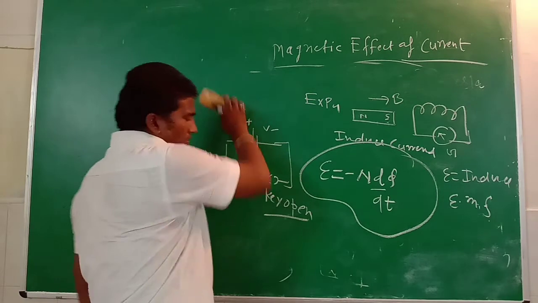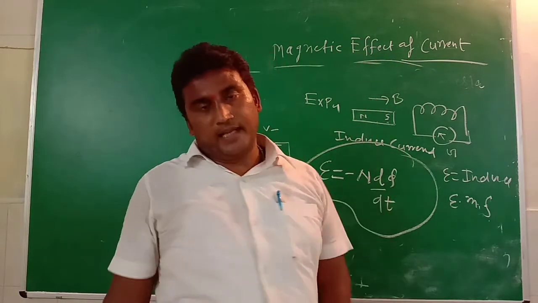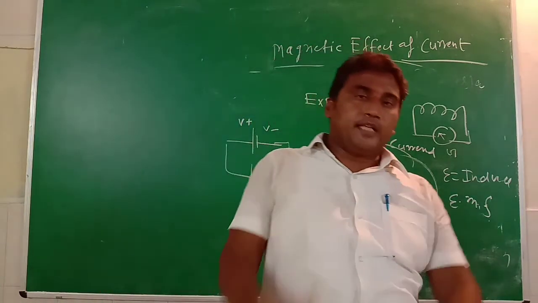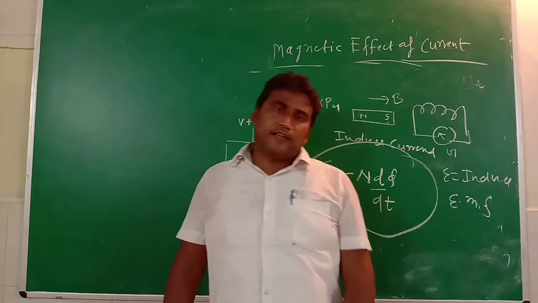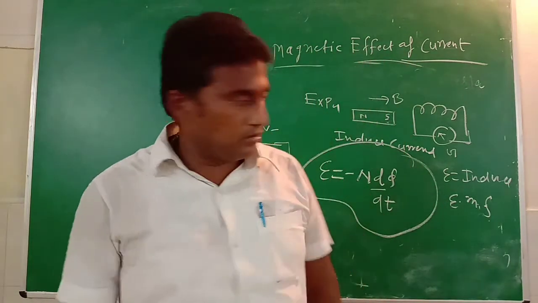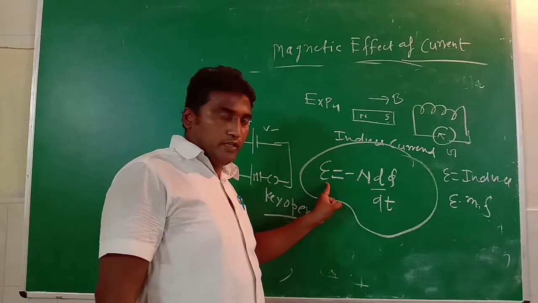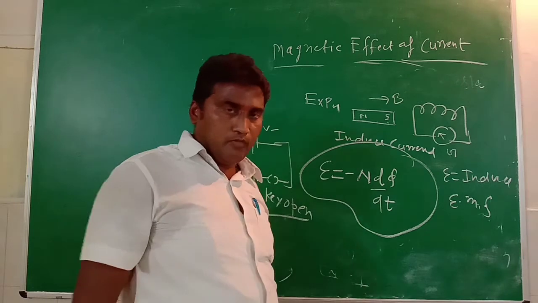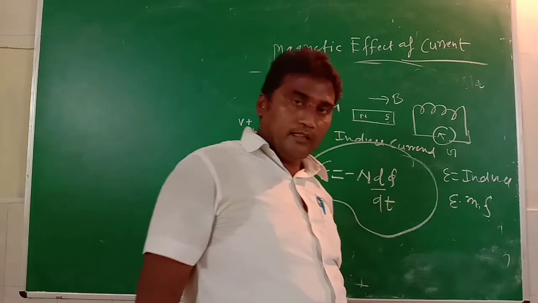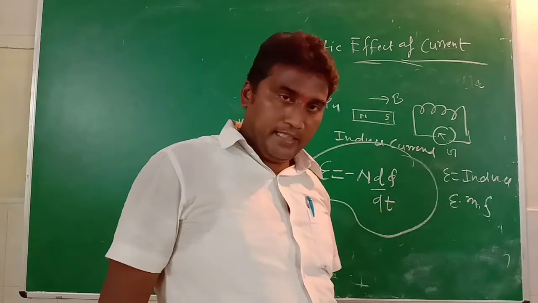Now we discuss what electromagnetic induction is. We know that electromagnetic induction is developed by the linkage of magnetic flux, and it always opposes the source that develops it. That is the mathematical relation: E is the induced EMF, N is the number of turns, that is the coiling, phi is the magnetic flux, and small t is the time taken.